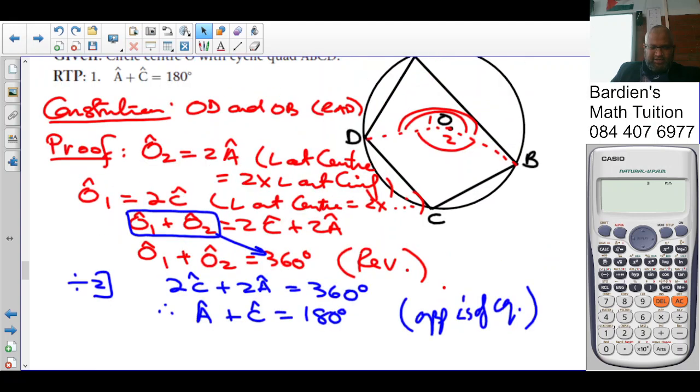So let's look at the converse. The converse is not a theorem that needs to be proven. As we said, converse is the reverse, no?